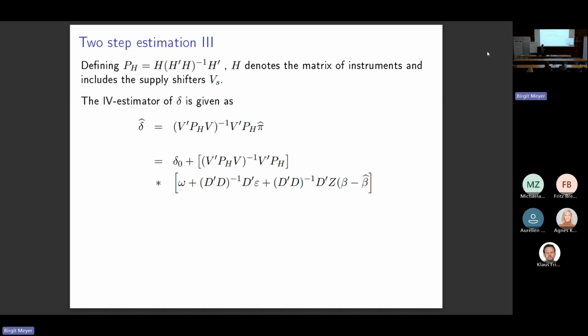And therefore you see this pH comes in. That makes the predictions of V when you regress on the instruments. That's all fine, but what you see is you get a complicated disturbance system. That comes because you estimate the beta. Now, as I said, two conclusions.